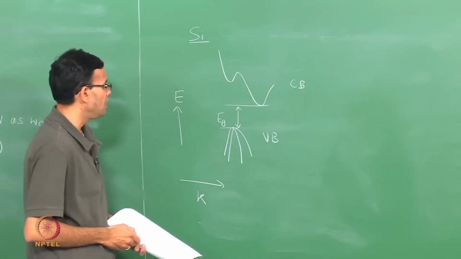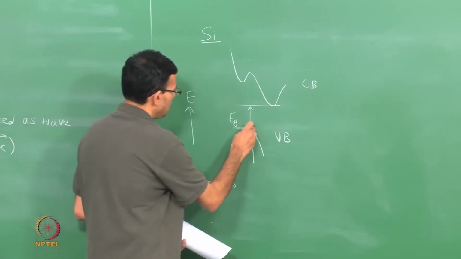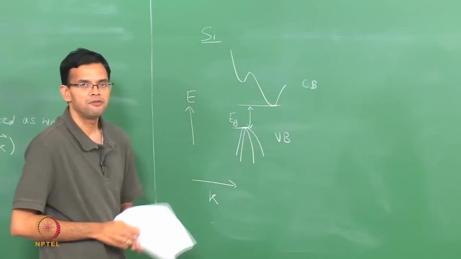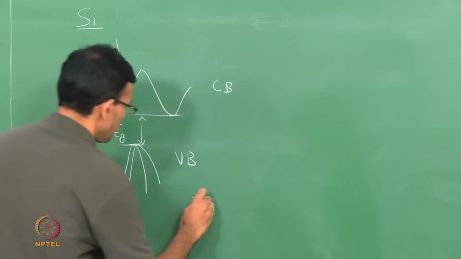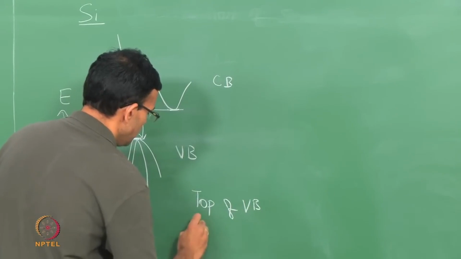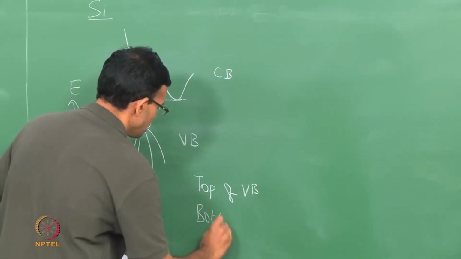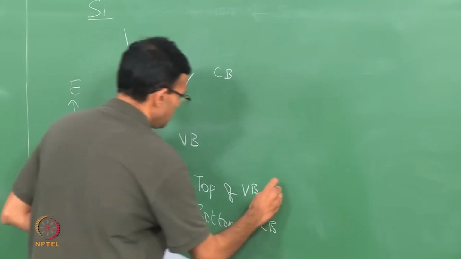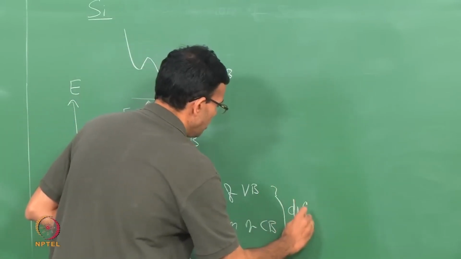In the case of silicon, the top of the valence band and the bottom of the conduction band are at different values of k.